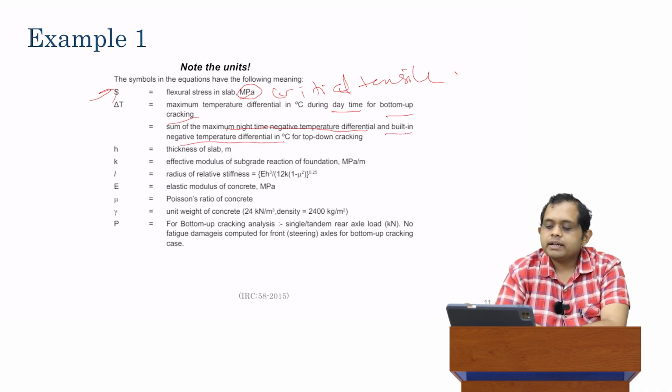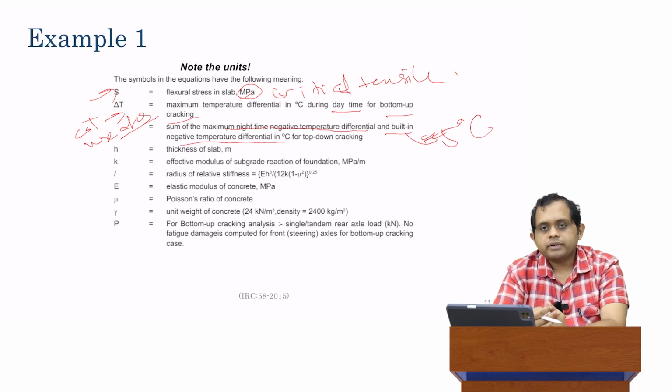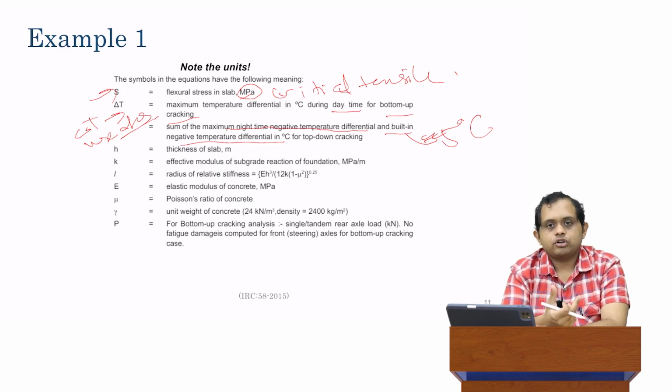This built-in temperature differential was 5 degrees Celsius, actually minus 5 degrees Celsius, but again, we use the absolute value. So one thing which is not mentioned over here, delta T, use an absolute value. If you're calculating for bottom-up cracking, delta T is positive already, so there's nothing much more to do there. But if you are doing the analysis for top-down cracking, then make sure you don't use a negative value of delta T. Use the absolute value of delta T, although in practice you are correct that delta T is negative for top-down cracking.